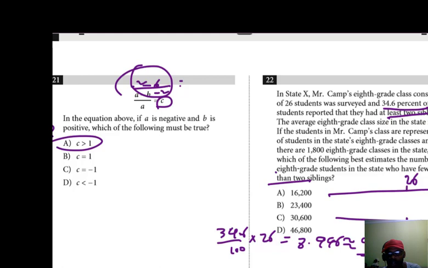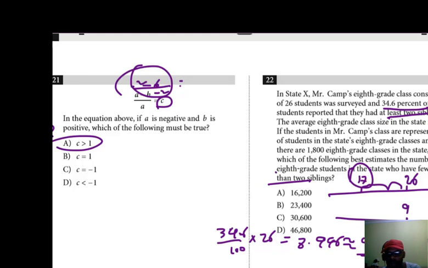So 9 students may say that they have at least 2 siblings. Okay, what's the rest? 9, the rest is 17, yeah, 17 of them.